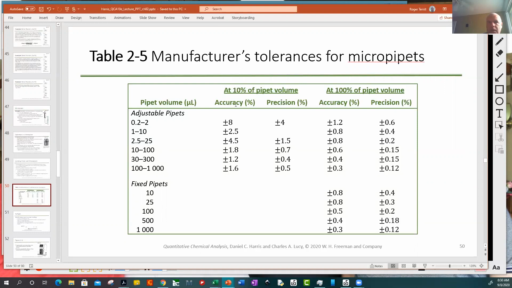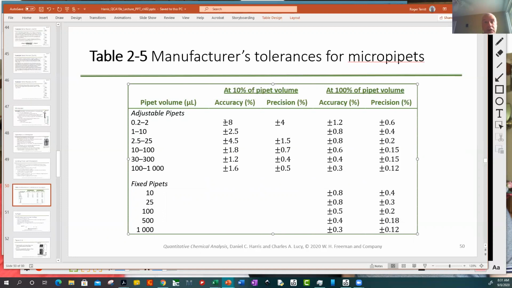Well, for a small pipette here, 0.2 to 2 microliters, these are really small tiny tips. We're just pulling up a tiny little volume, 2 microliters, right? You can expect this to give you about 8% error in the accuracy.